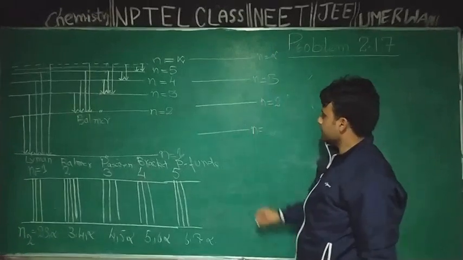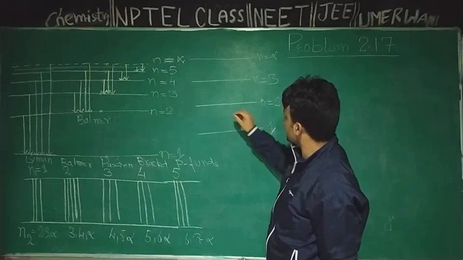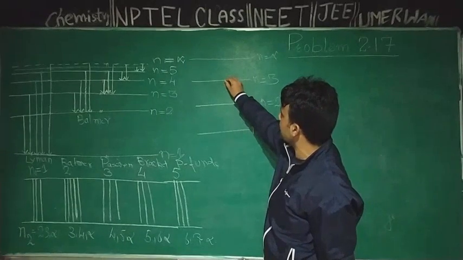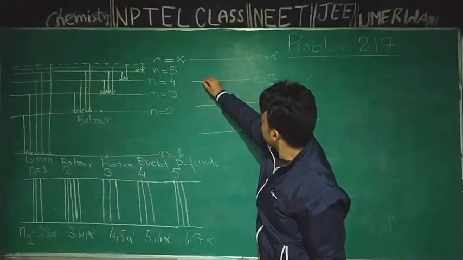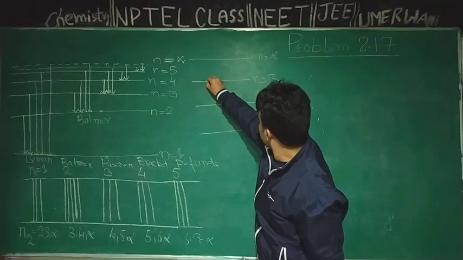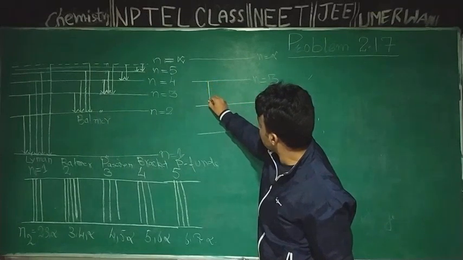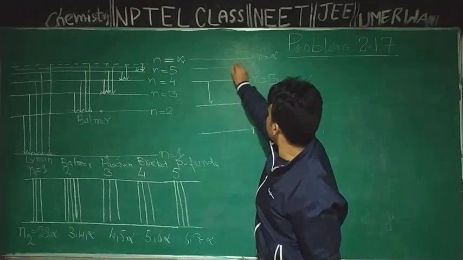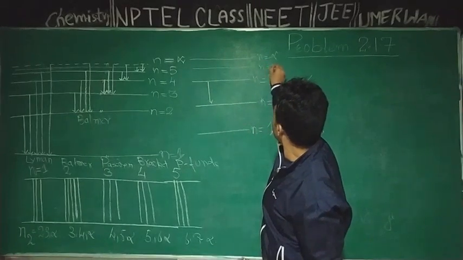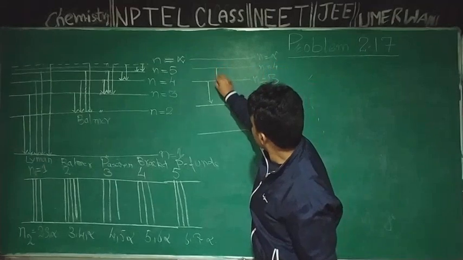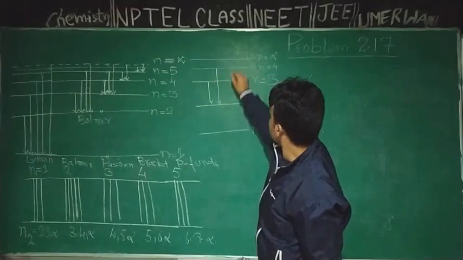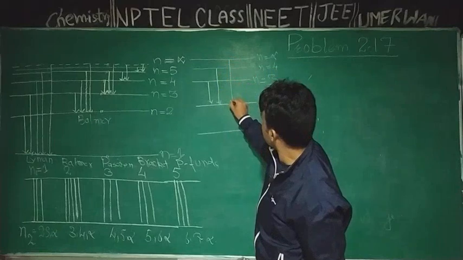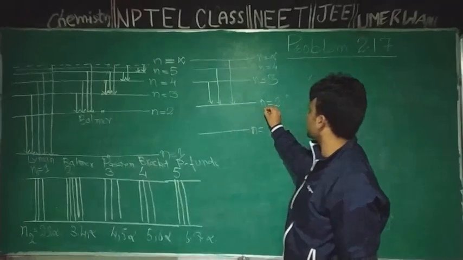Now lines in the Balmer series correspond to the return of the electron from higher energy levels, that is n equal to 3, n equal to 4, up to n equal to infinity, to the lower energy level n equal to 2.